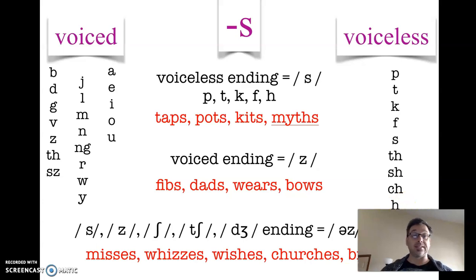So I would say misses, whizzes, wishes, churches, and bridges. Mine, I think, sound more like this. Other people in other parts of Ohio or other parts of the world might sound more like this. That's why there are two of them listed here. Okay. All right, so there's our suffix S.